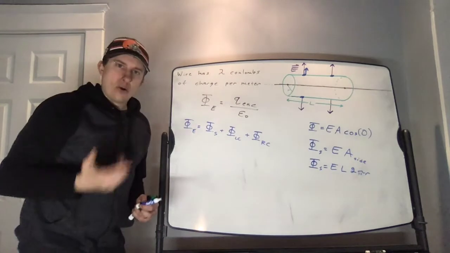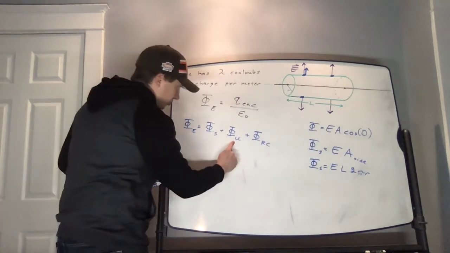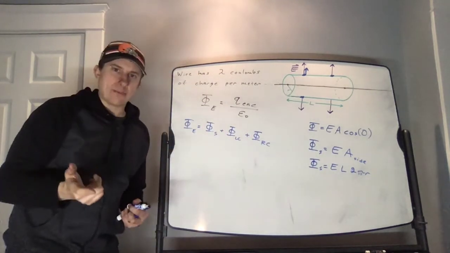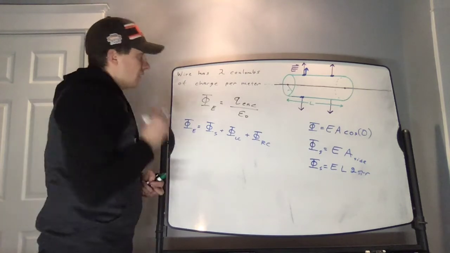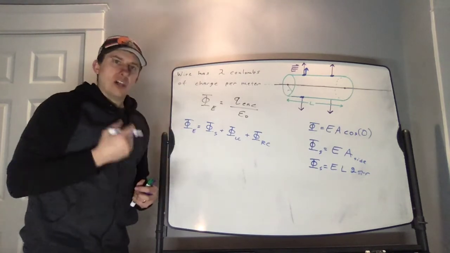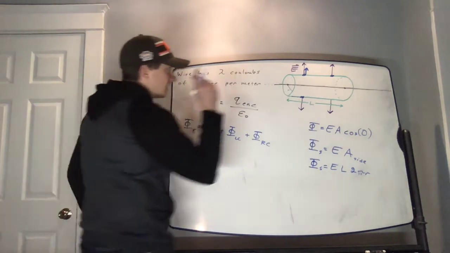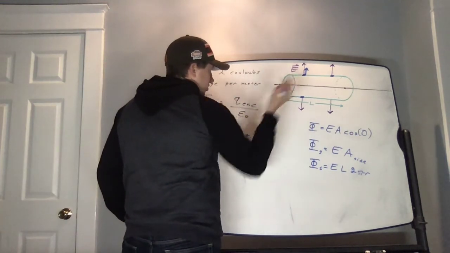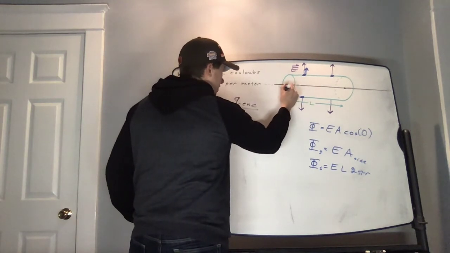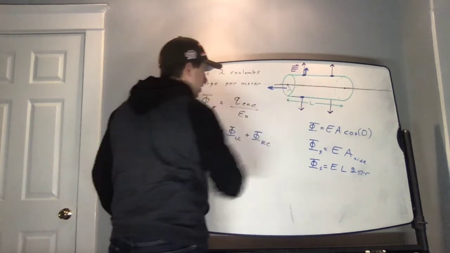Now let's think about what we expect the flux through the left cap and the right cap to be on the cylinder. If I were to draw a line that is perpendicular to these surfaces, a line that's perpendicular to the left cap will point along the wire in this direction.